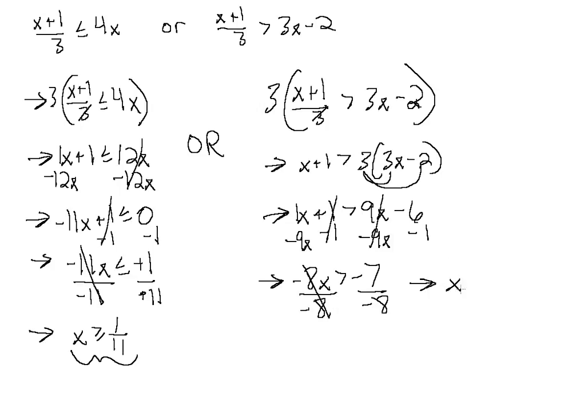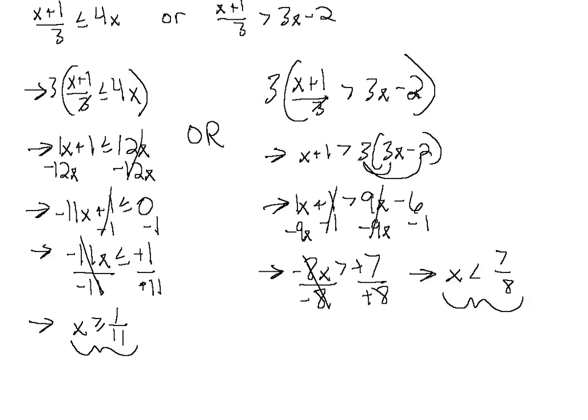So we have x is greater than, if we cancel these 2 negative signs, x is greater than 7 over 8. Okay, so, actually, we needed to flip this sign here. We're dividing by negative 8, so this is actually going to be x is less than 7 over 8. Whenever we're dividing by a negative, we flip the inequality sign. And that's our second inequality.